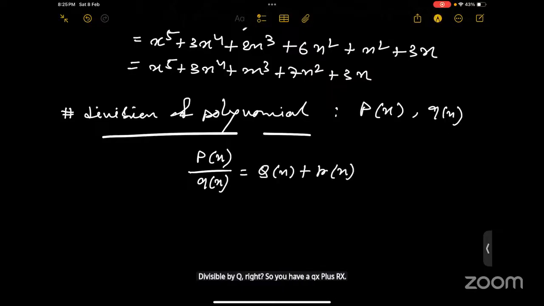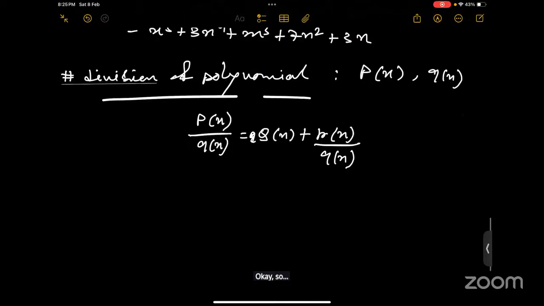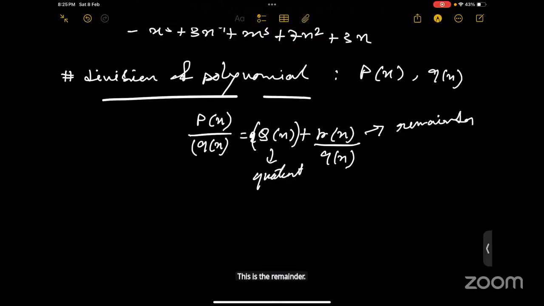In this form, we will get q(x). Okay, so here this term is called the quotient. This is the remainder, and this term q is called the divisor, right?